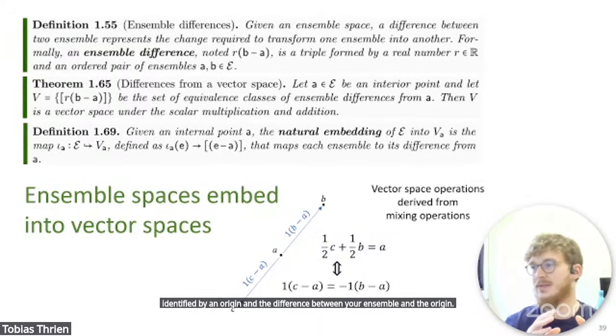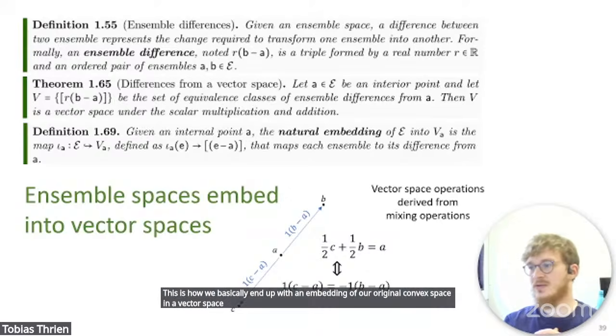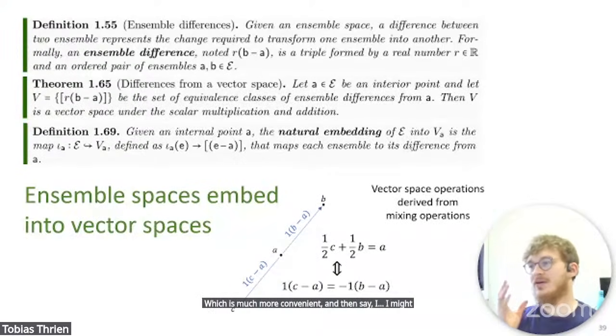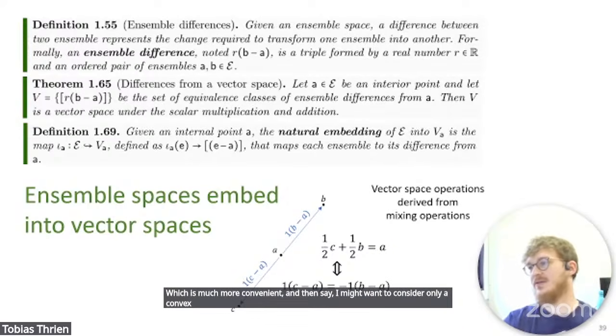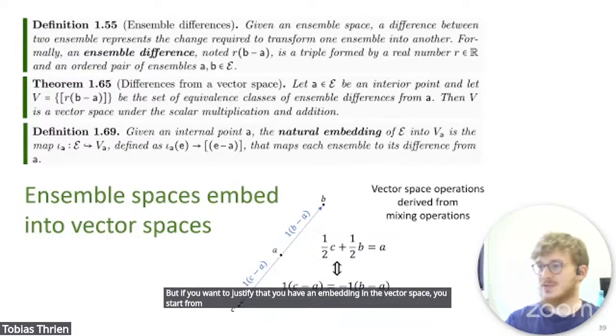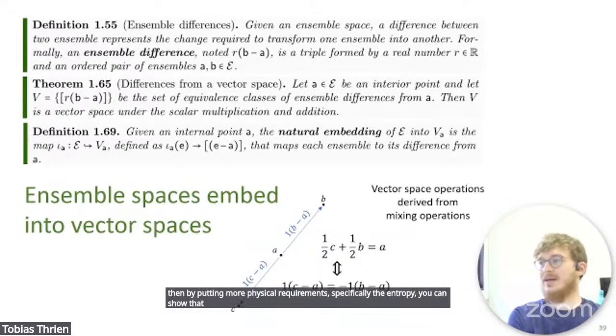This is how we end up with an embedding of our original convex space in a vector space. Usually you would just start by defining a vector space, which is much more convenient, and then say I might want to consider only a convex subset of that vector space. But if you want to justify that you have an embedding in the vector space, you start from what makes physical sense, which is only the convex combination. Then by adding more physical requirements, specifically the entropy, you can show that yes, you can embed it into a vector space.